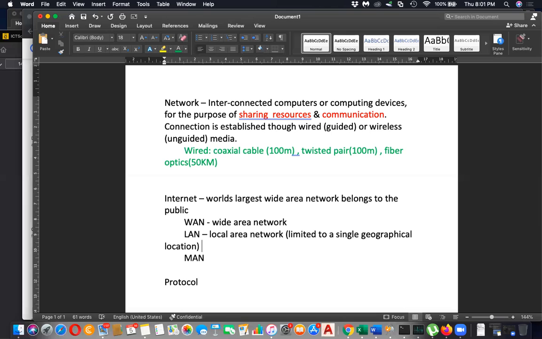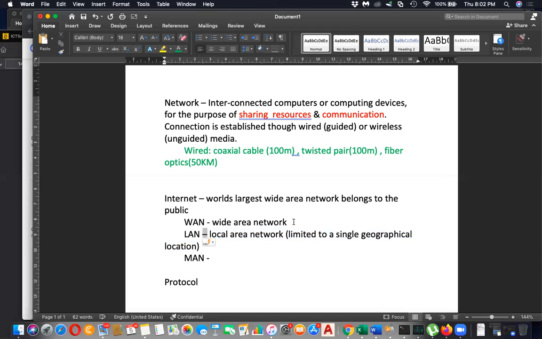If I'm in Kandy, it is another different area. Geographically, you can see the differences, no? But in a local area network, you cannot see any differences geographically. It is in a single area, a single building, a single room, a single classroom in your school, maybe in a university. That's a local area network.